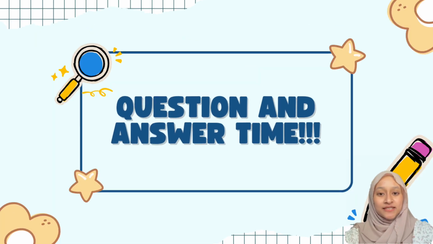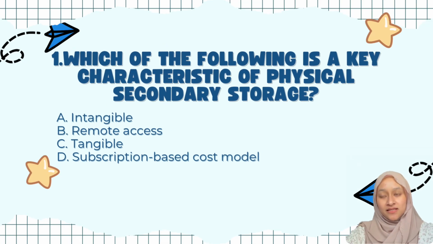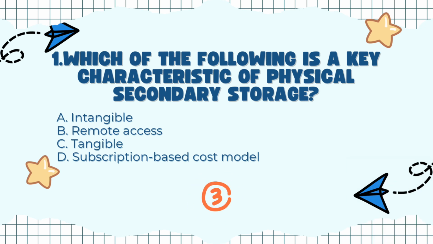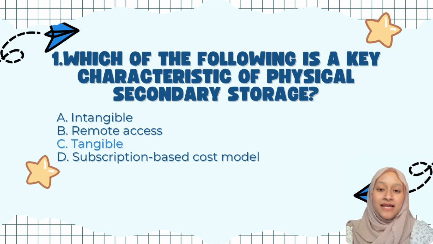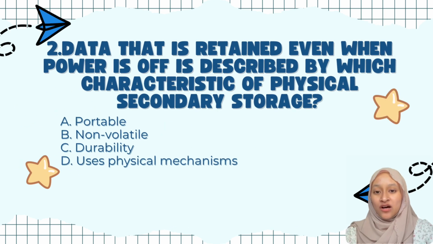Now, it's question and answer time. So the first question is, which of the following is a key characteristic of physical secondary storage? So, the answer is C, tangible. Now, the second question.